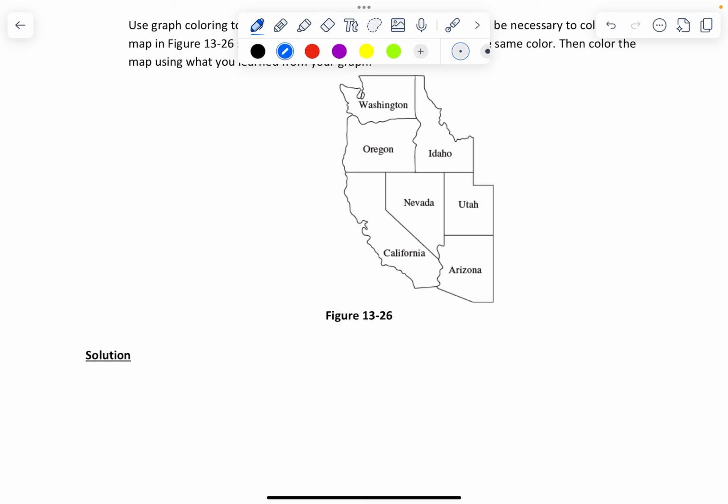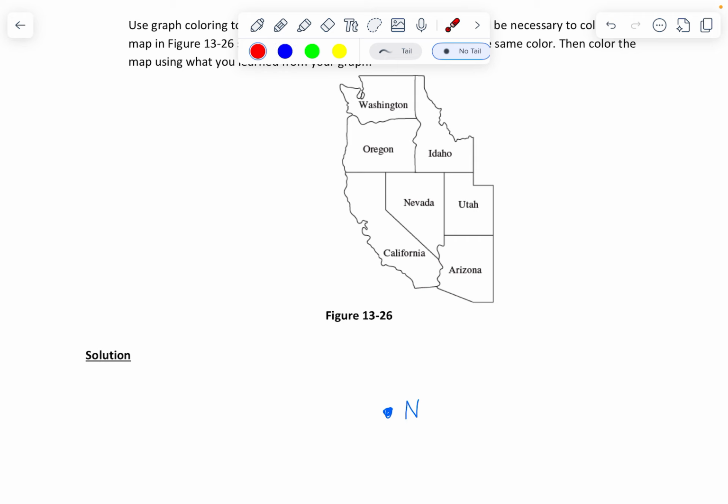Try again. Okay, so blue for Nevada. Nevada borders California, Arizona, Utah, Idaho, and Oregon, right? So none of those bordering states can be blue, right?